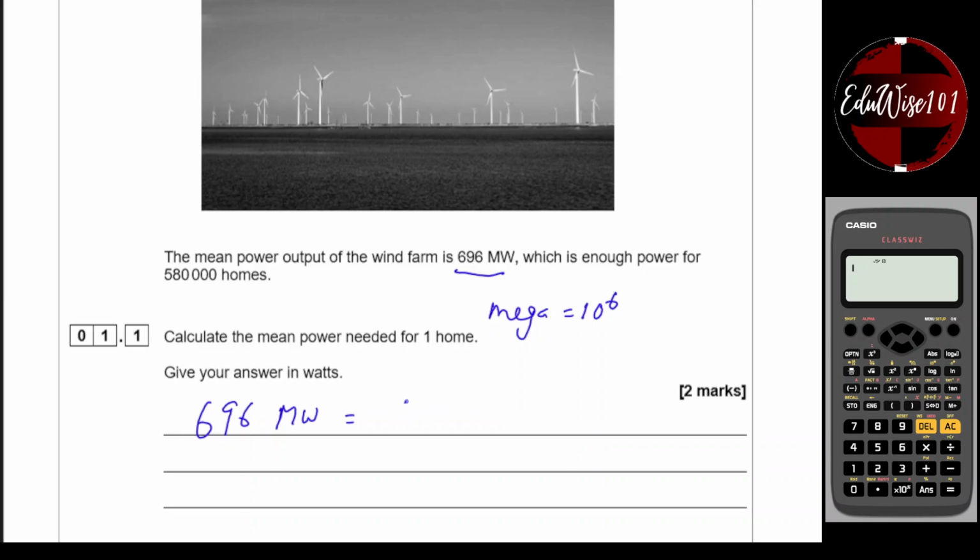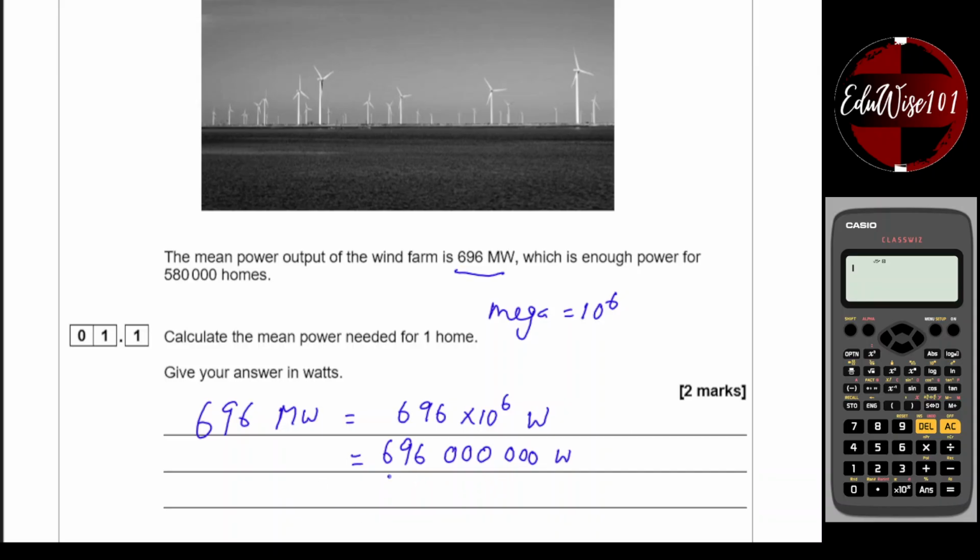So that's 696 times 10 to the power 6 watts, which is the same as 696 followed by 6 zeros. That's how you would convert the megawatts to watts.